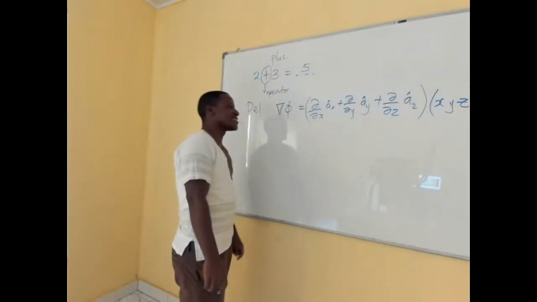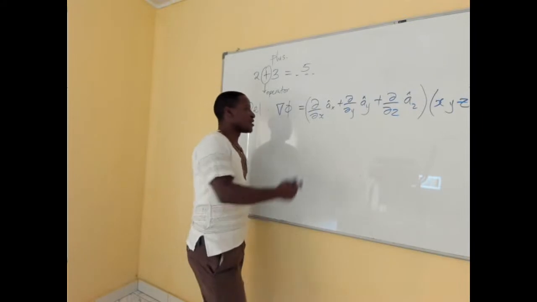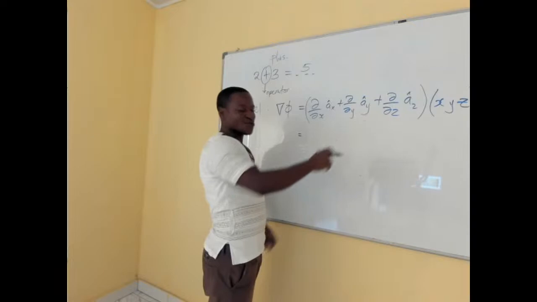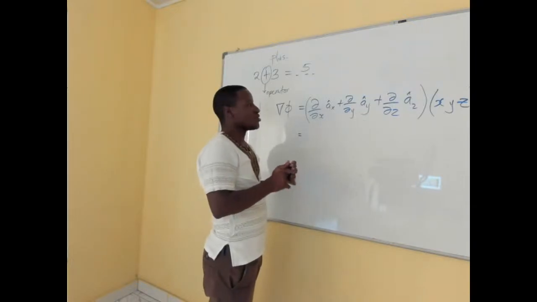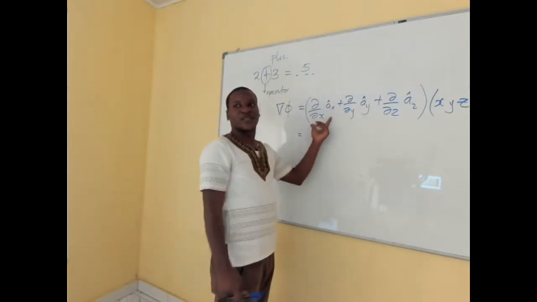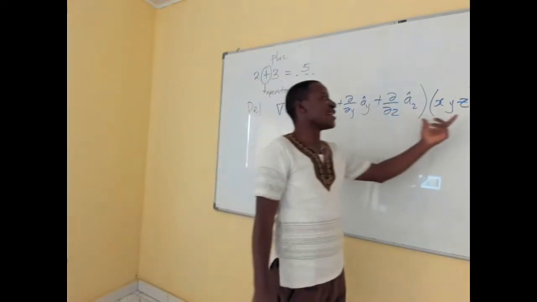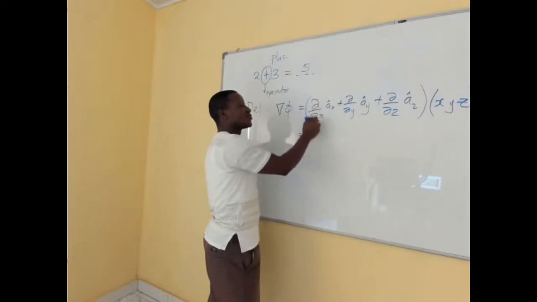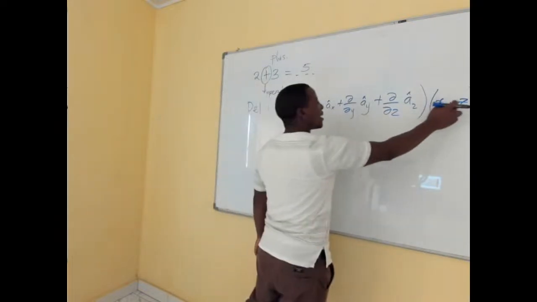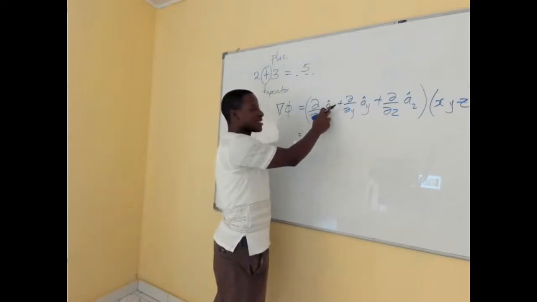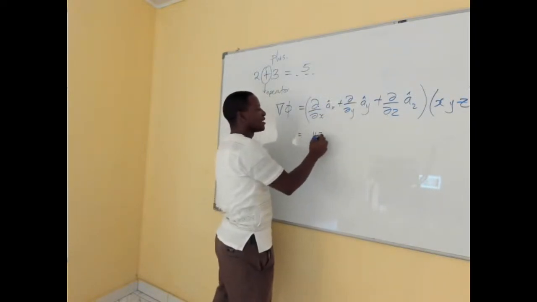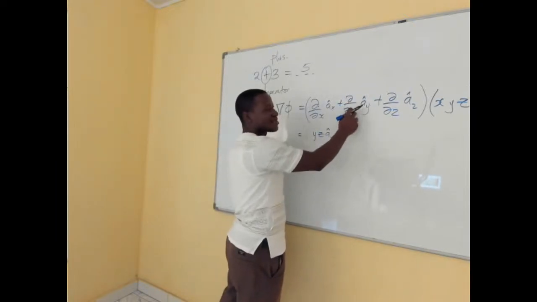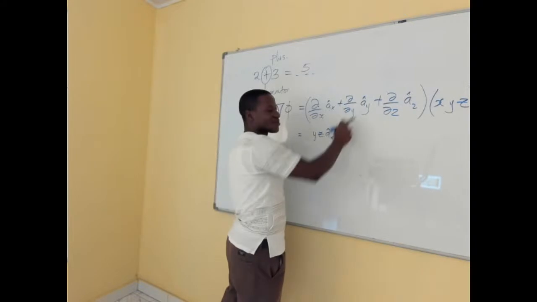So that in the end, what you get is as simple as, if you look at it, from here you don't even need to do a lot of mathematics. You know that if you get this first component and multiply it to this, what happens is that this x will come here and it will cancel this. So you remain with yz and this vector here. So straight away you have yz ax as a vector, plus this cancels the y there. When it comes here, this and this will cancel.